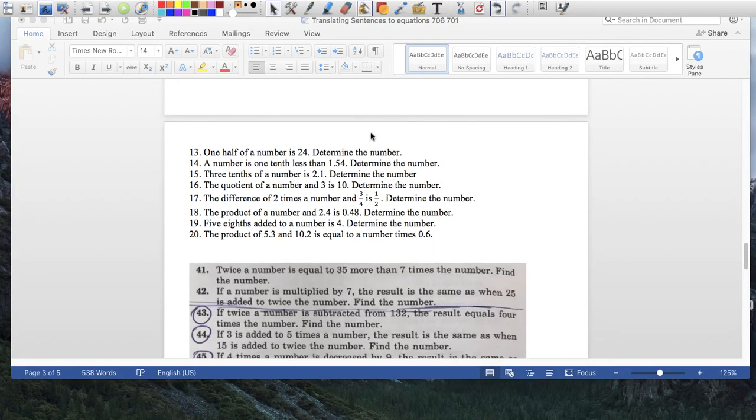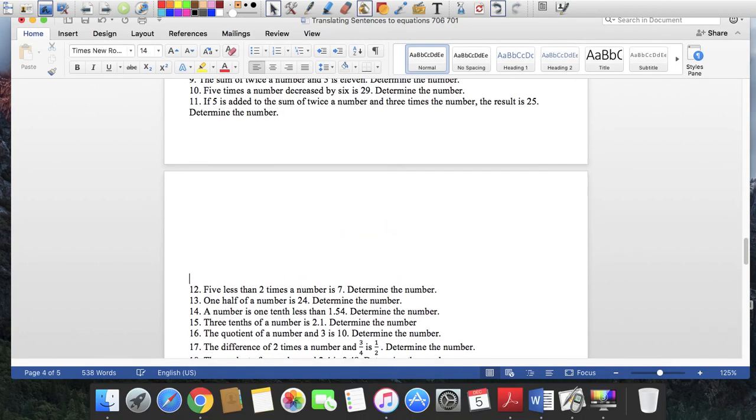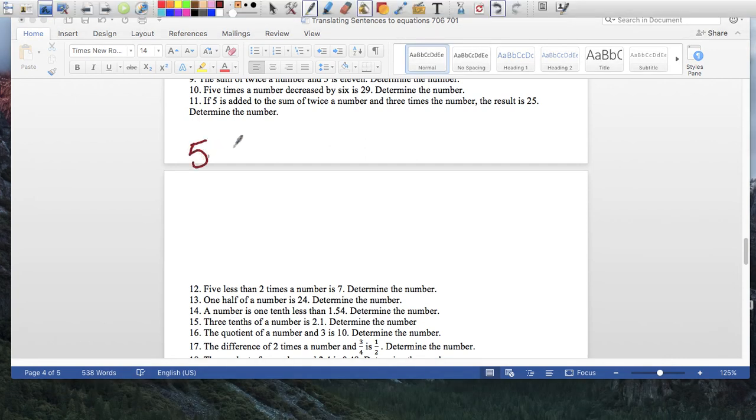Number 11. So it gets a little bit harder, but still. So 5 is added to the sum of twice a number and 3 times a number. If 5 is added to the sum of twice a number, so again, added is here, and then we have another added, right?